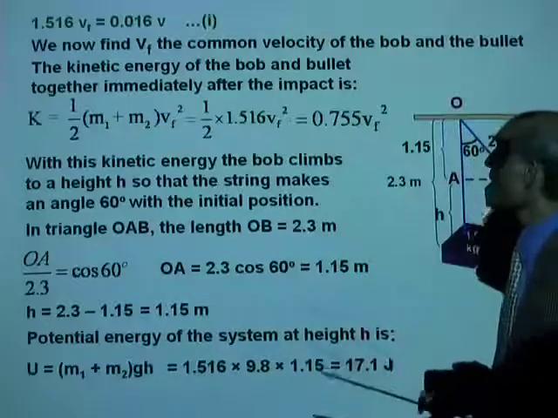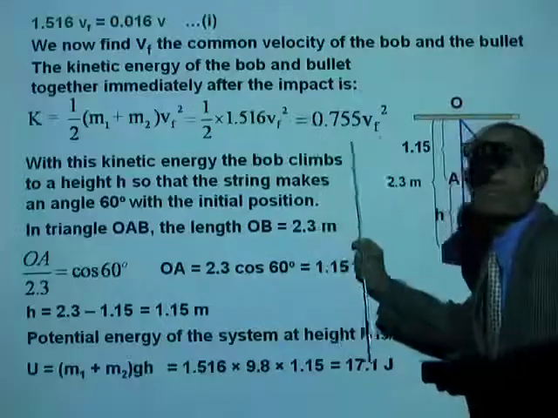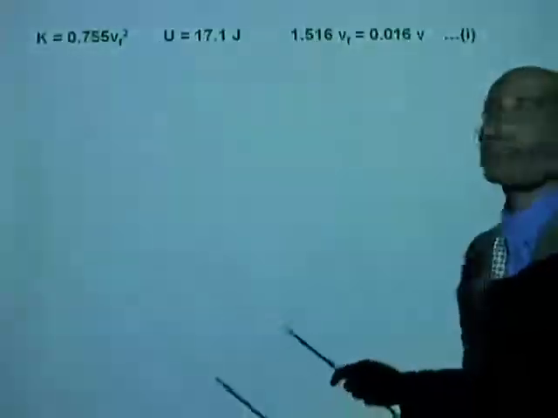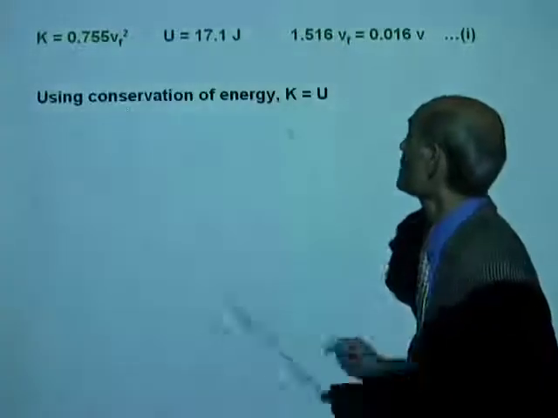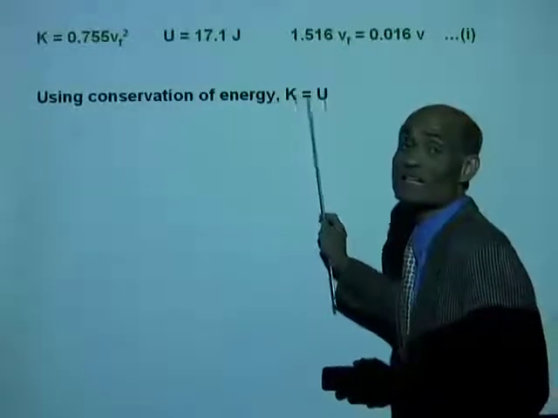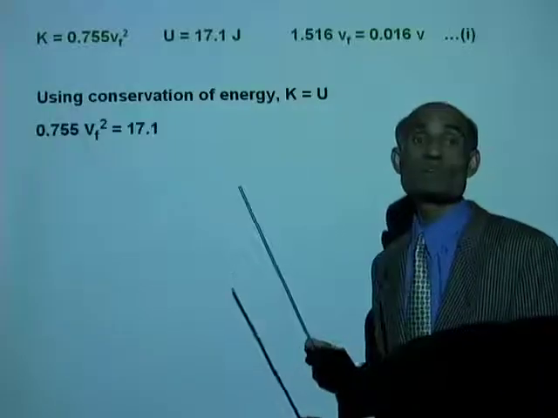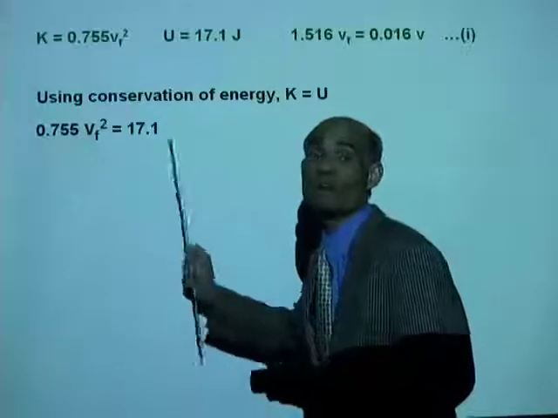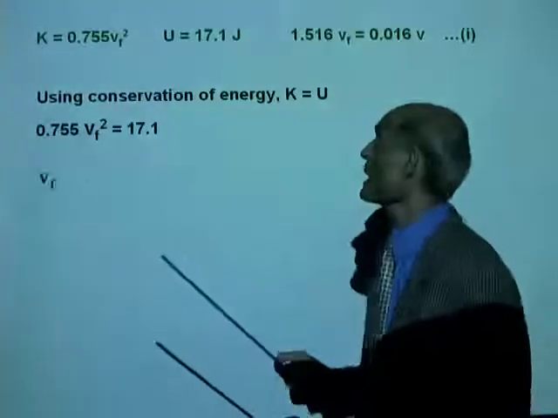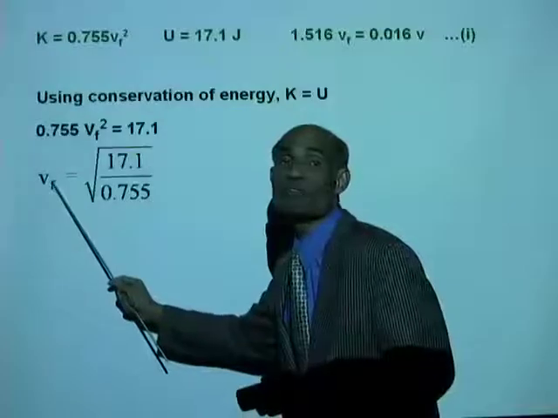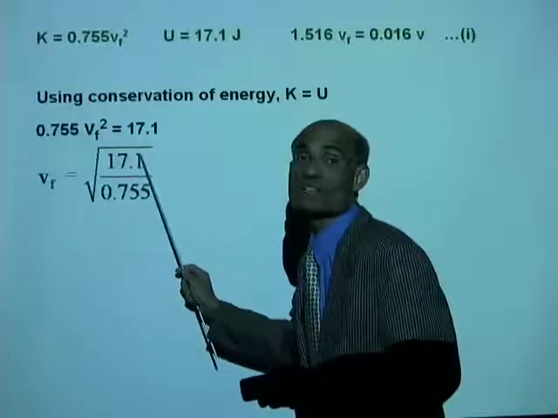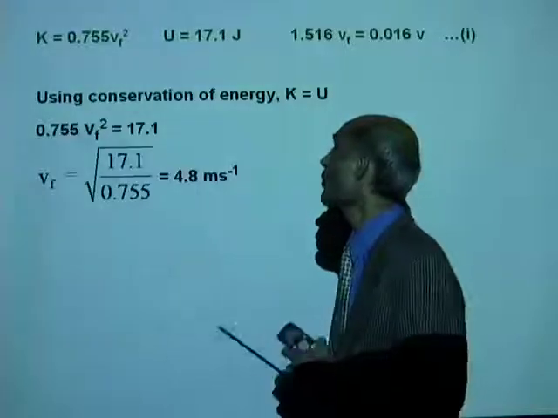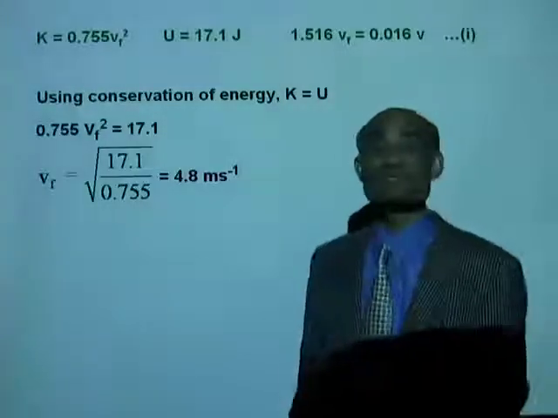And this potential energy must be equal to this kinetic energy according to the law of conservation of energy. So 0.755 Vf squared is 17.1. That gives me Vf equal to the square root of 17.1 over 0.755. That is 4.8 meter per second.